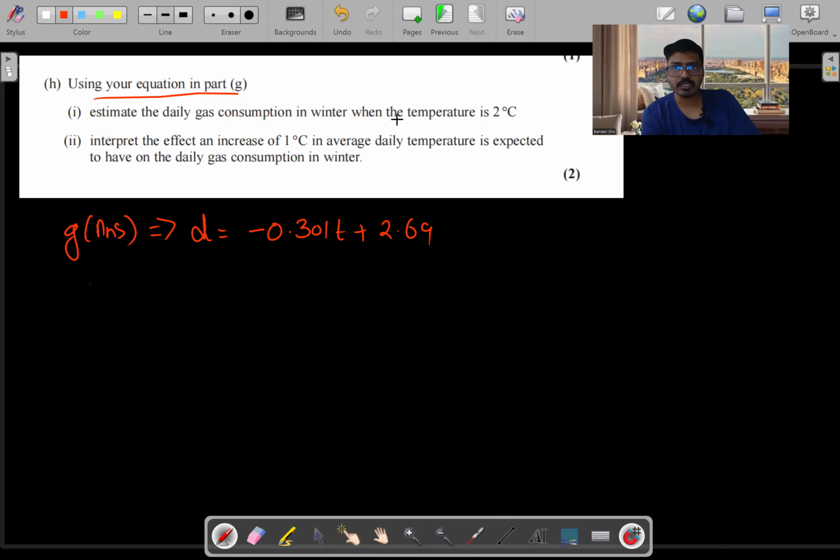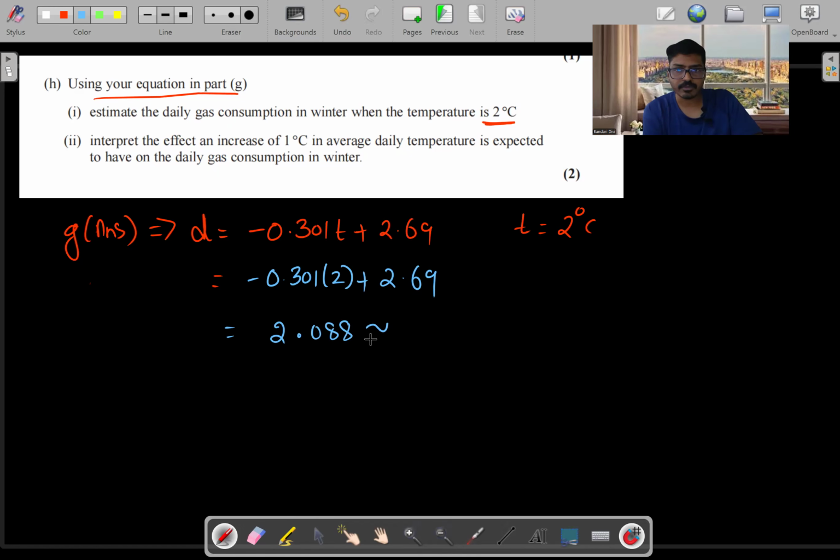Now here we have to plug in the value of T. When T is 2 degrees Celsius, what will be our daily gas consumption? It's very simple, we just have to substitute. Minus 0.301, in the place of T I'm going to plug 2, and then plus 2.69. Using the calculator, that is close to 2.088.